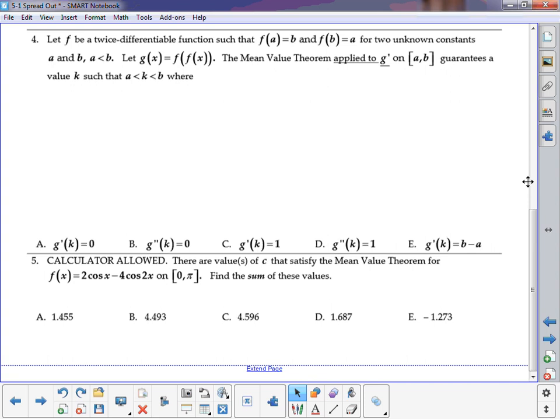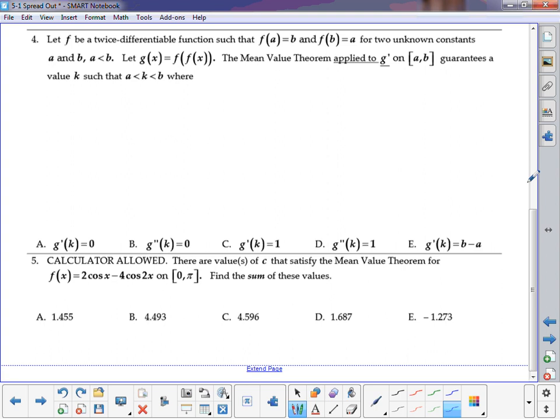Before we had twice differentiable, which again means you can take the derivative twice. And g is made up of a composition of f, so we can apply the mean value theorem because it is continuous and differentiable from the fact that it's made of f. But it says to apply it to g prime.